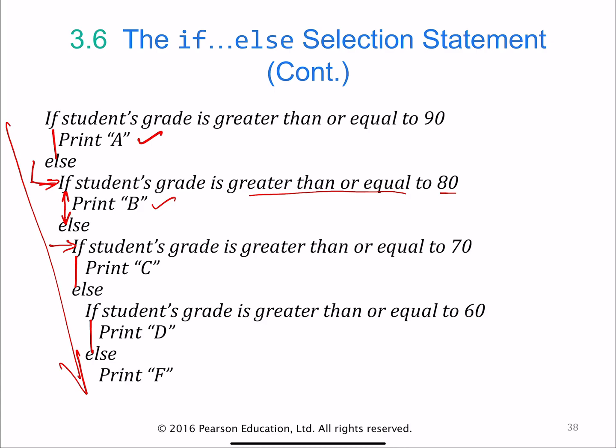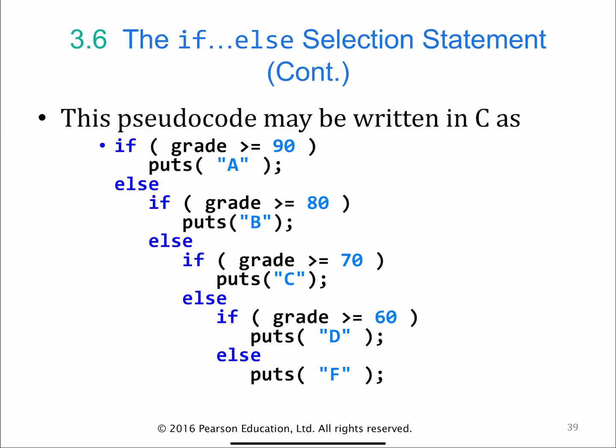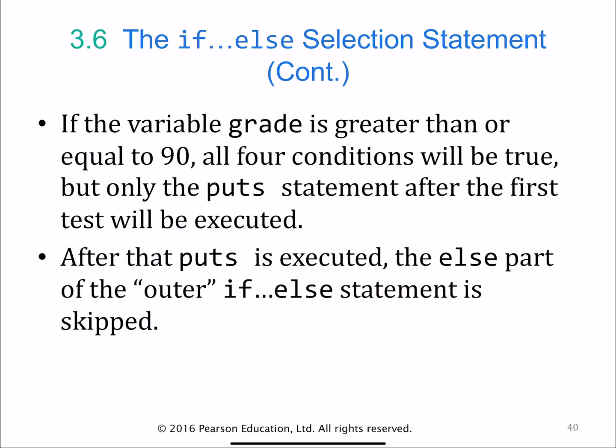So this, sure, it's correct, but can make it a little difficult to read and understand. So the corresponding code would look like this. Nothing wrong with it. I mean, it'll function. It'll work.